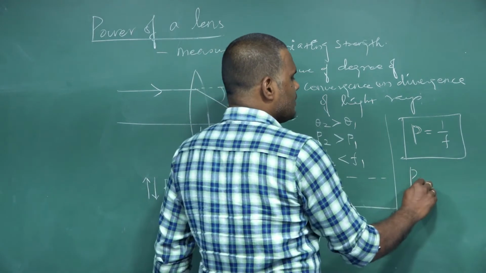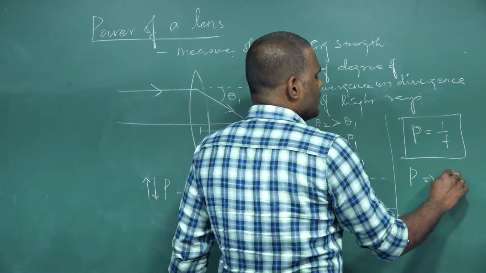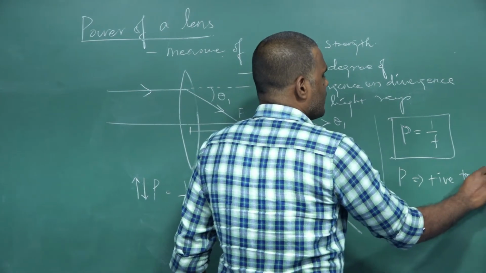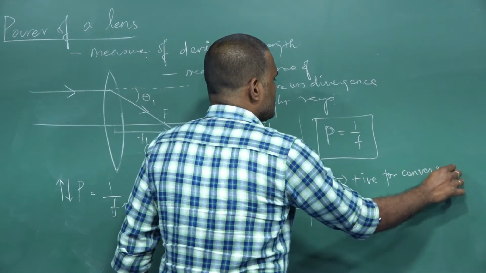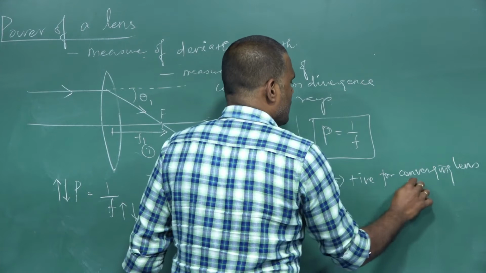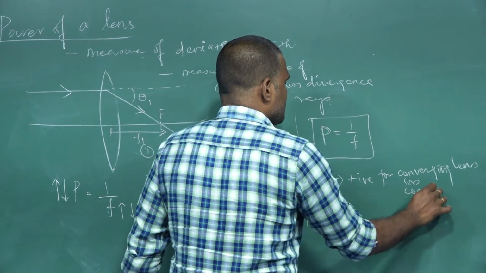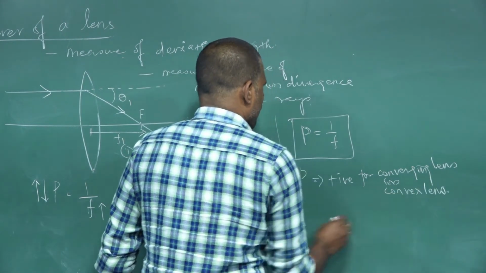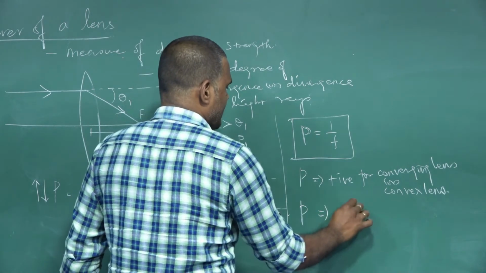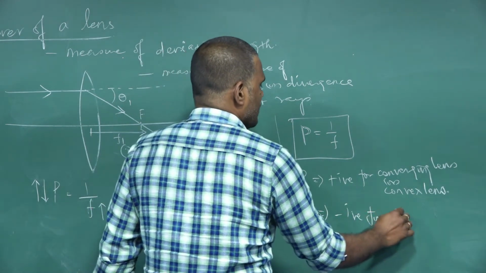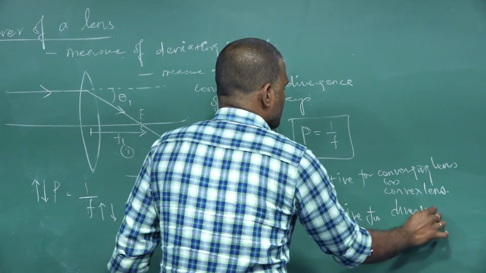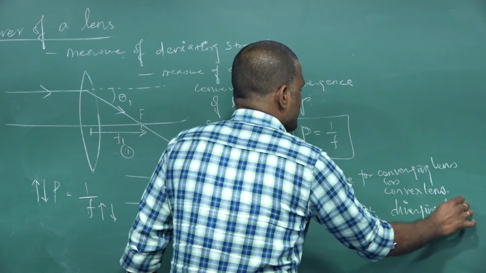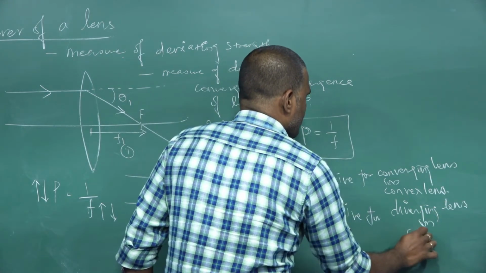Power of the lens is positive for converging lens or convex lens, and power of the lens is negative for diverging lens or concave lens.